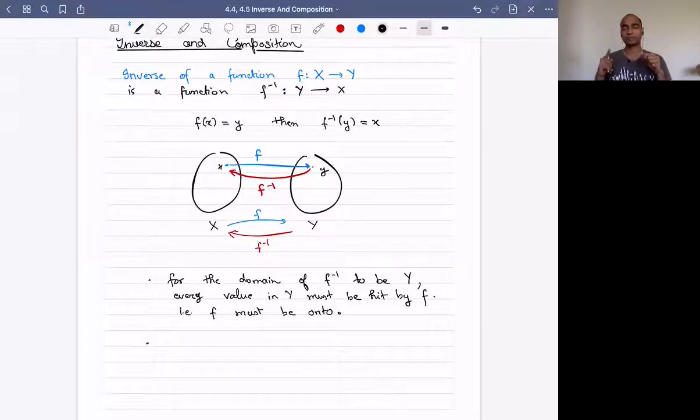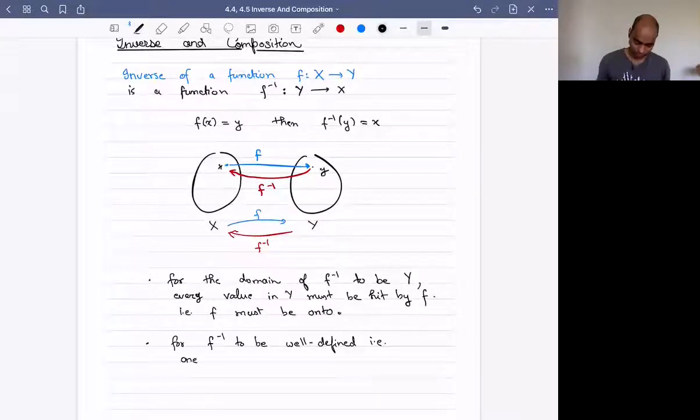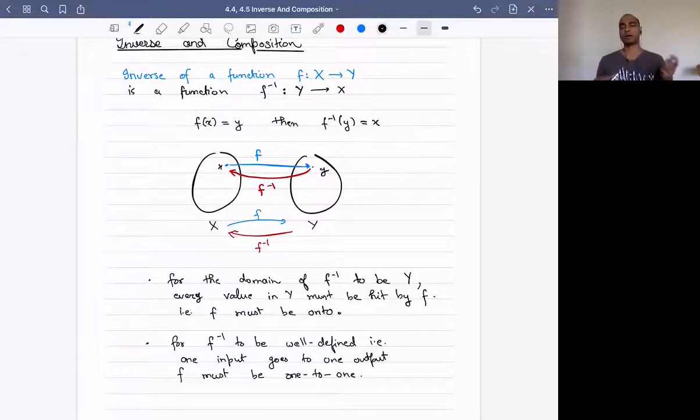If two different inputs go to the same output, then when I try to construct the inverse, I will have a problem, because now I will have to figure out where to send this output back to. For f inverse to be well defined, so to have the domain of f inverse be all of Y, I need f to be onto, and for f inverse to be well defined, I need f to be 1 to 1.